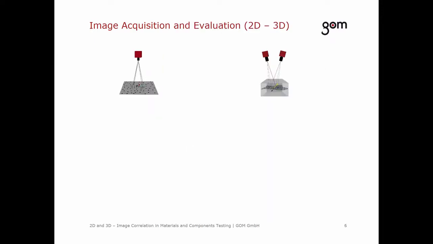For 2D evaluations, we can provide you a free software that you can try out, the GOM Correlate software package. You can import images in this. In combination with GOM Correlate, there is a snap tool available, an image acquisition software package that allows you to record images from a USB 3 camera. We will come back to this a little bit later on.